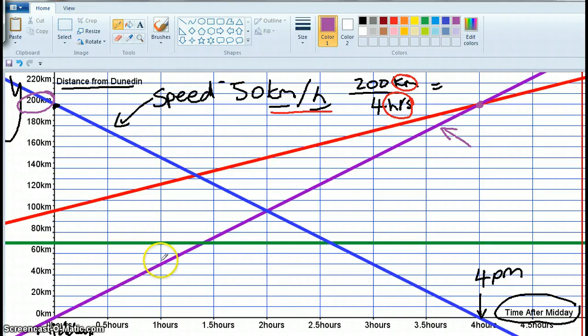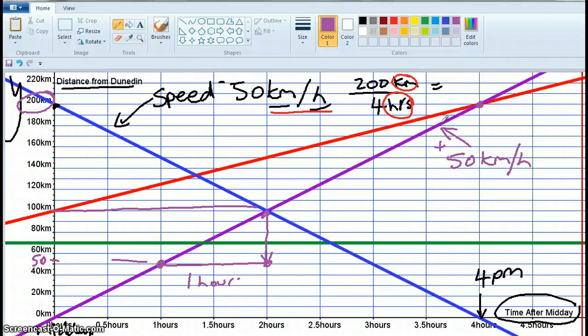Let's have a look at 1 hour. From 1 hour to 2 hours, that's 1 hour. Okay. And how far did it go? It went, what's this one here? 50. So it went 50 kilometres in 1 hour. So what's its speed? 50 kilometres per hour. But that's a positive speed. It's going away from Dunedin. It's going in the opposite direction.